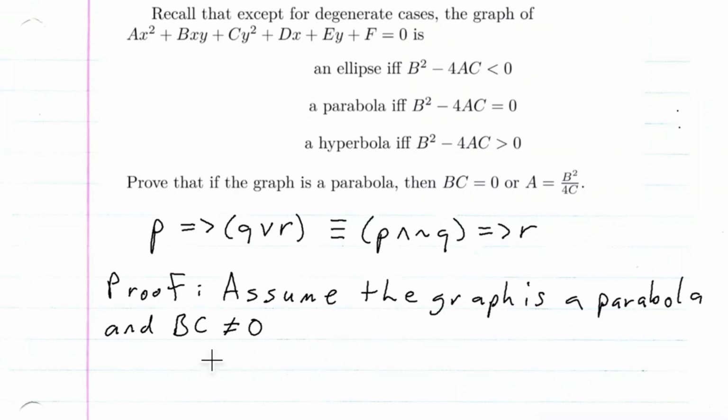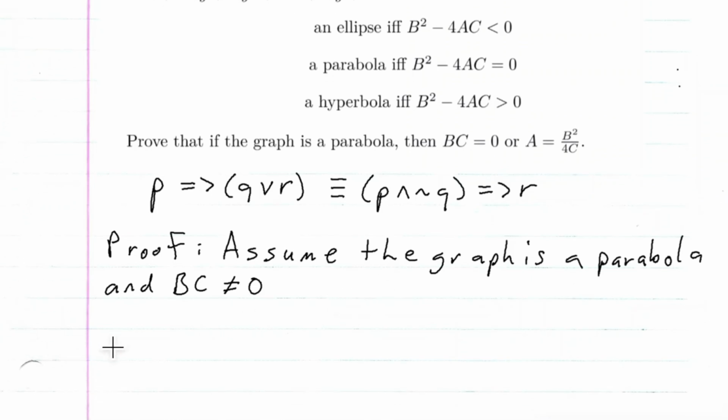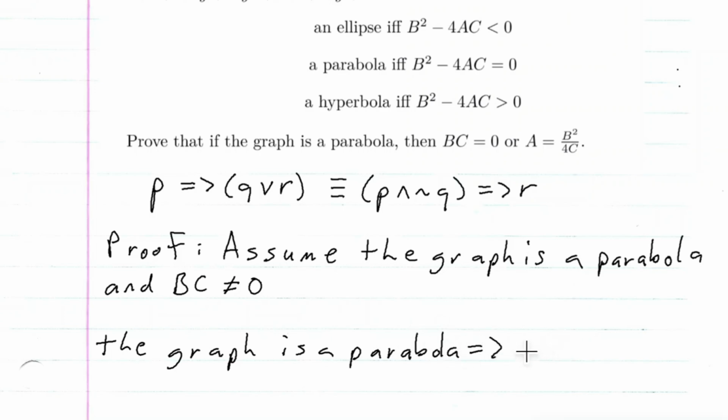Okay, so let's go ahead and do this. The graph is a parabola implies that B squared minus 4AC is equal to 0.